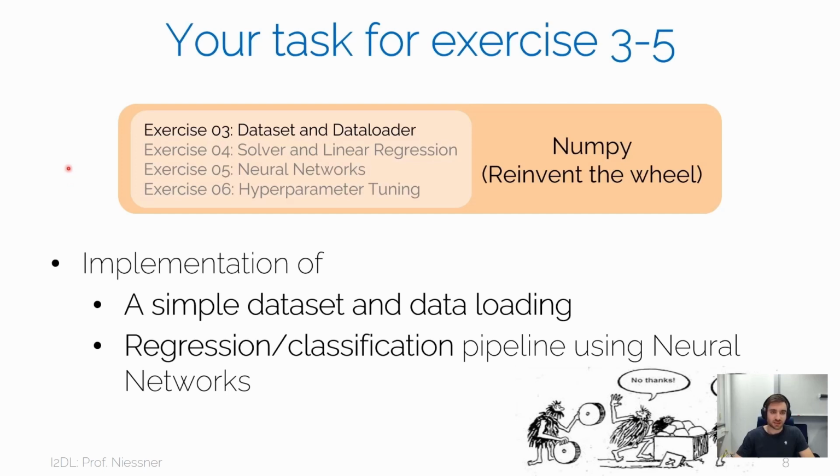Next week, we will have a look at the solver and a simple task which we're going to try to solve. And in exercise 5, you're going to implement your first neural network yourself. So these 3 exercises are basically major building blocks. And by implementing them yourself, you can get hands-on experience and know the moving parts.